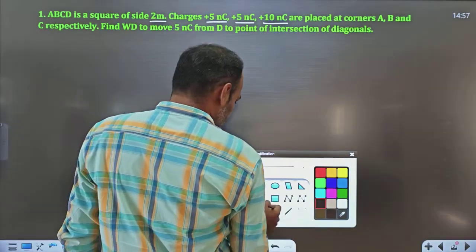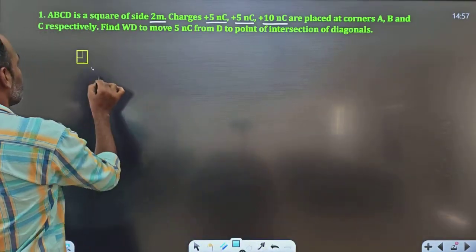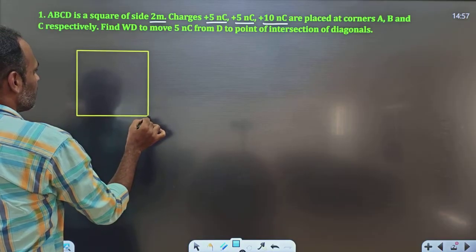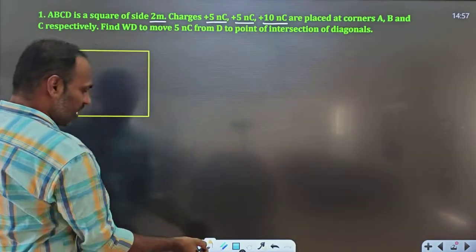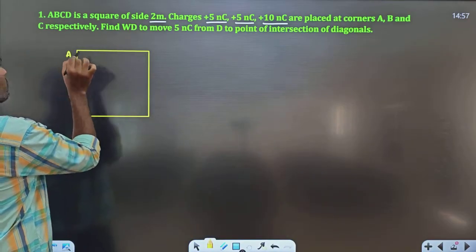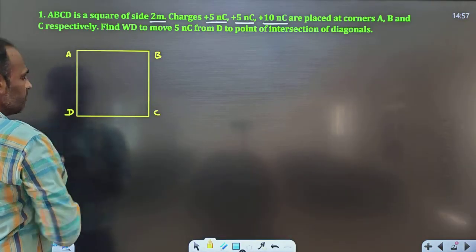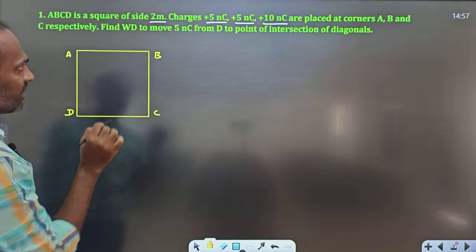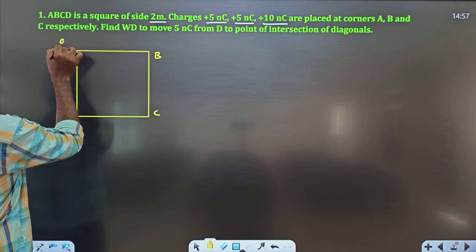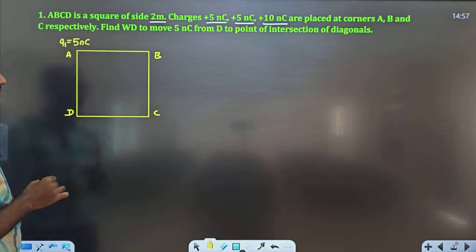Here a square is given to us. Let me say this is the square, named ABCD. This is A, this is B, this is C, and this is D. At A, he has kept a plus 5 nanocoulomb charge, let us take it as Q1.